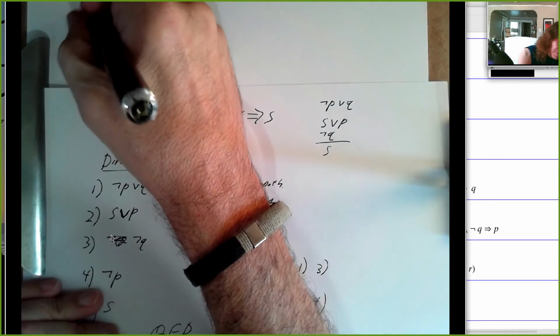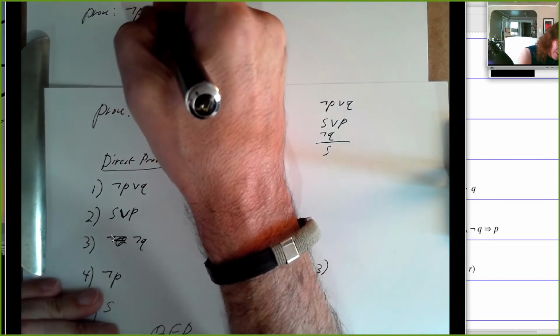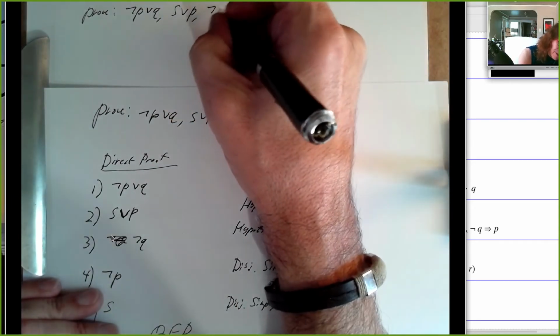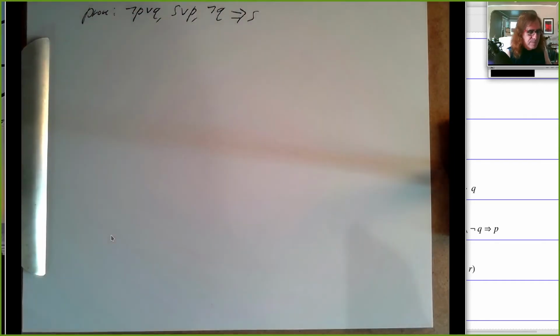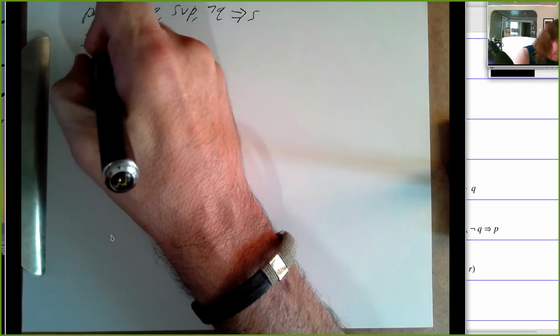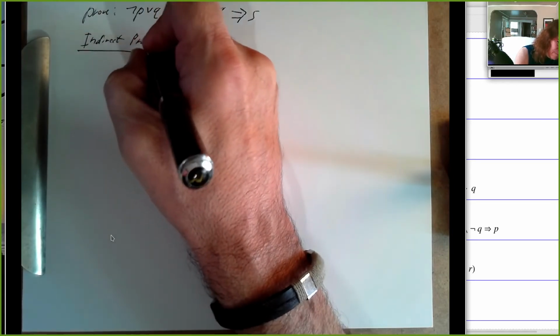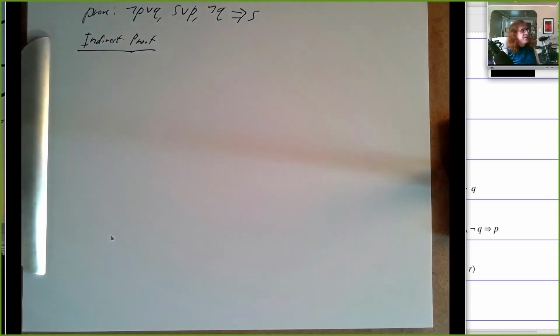So prove not P or Q, comma, S or P, comma, not Q, implies S. All right, an indirect proof is a proof by contradiction.